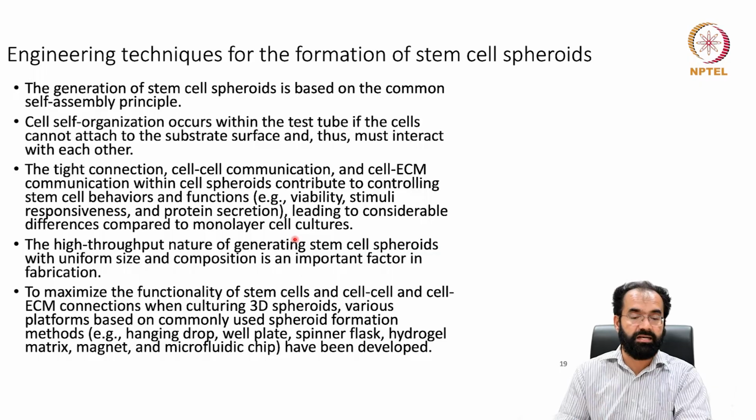Spheroids can perform differently. The high-throughput nature of generating stem cell spheroids with uniform size and composition is an important factor in fabrication of the whole assembly unit. To maximize the functionality of stem cells and cell-cell ECM connections when culturing 3D spheroids, various platforms based on commonly used spheroid formation methods such as hanging drop, well plate, spinner flask, hydrogel matrix, magnet, microfluidic chip, etc., have been developed.